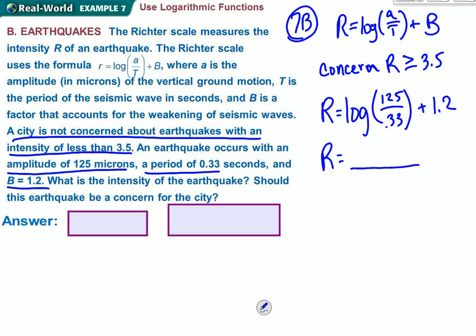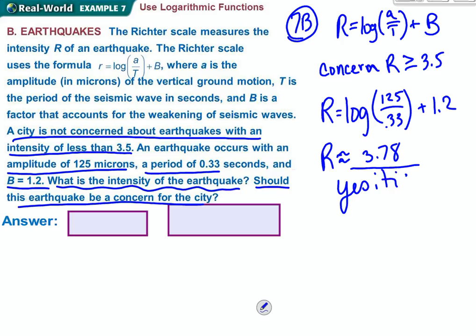And you should find that that's approximately 3.78. So then the questions were, what is the intensity of the earthquake? And should this earthquake be a concern for the city? And yes, it is greater than or equal to 3.5, so there is a concern for that one.